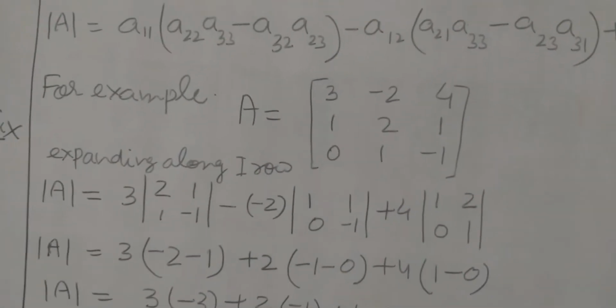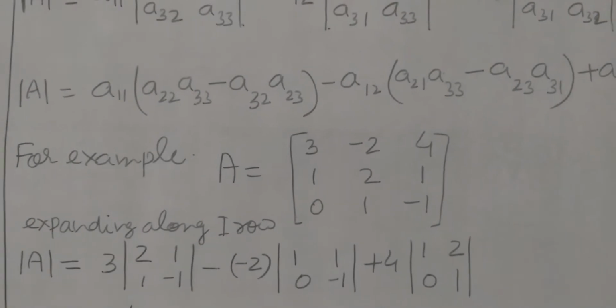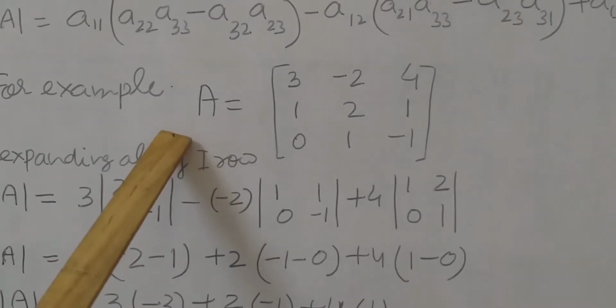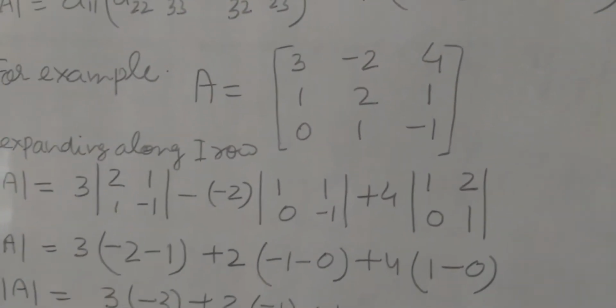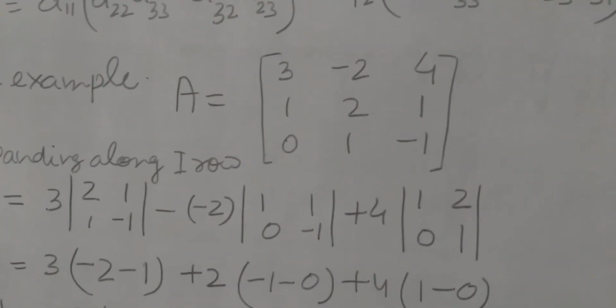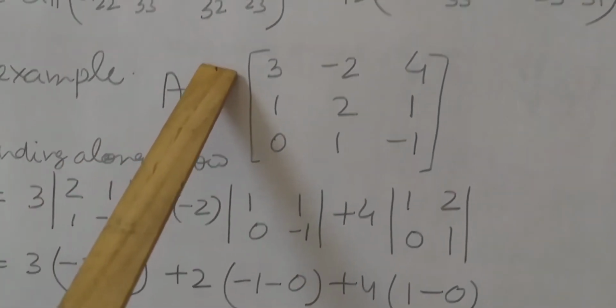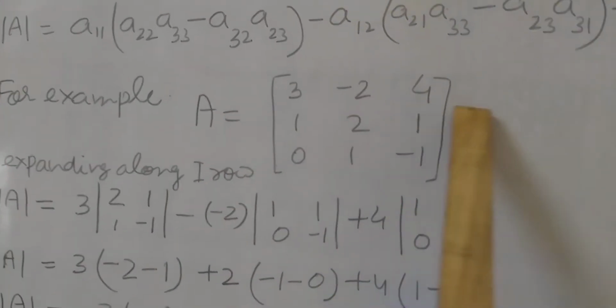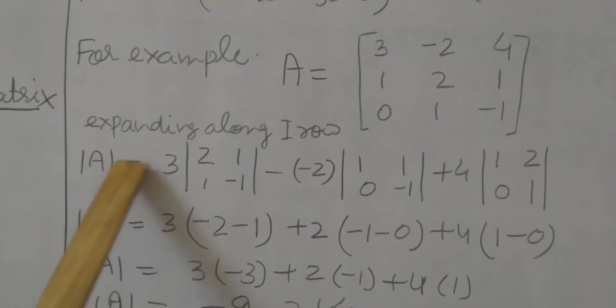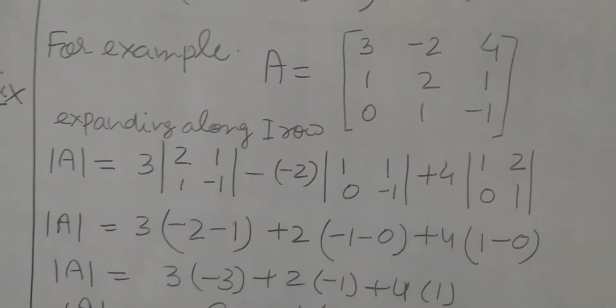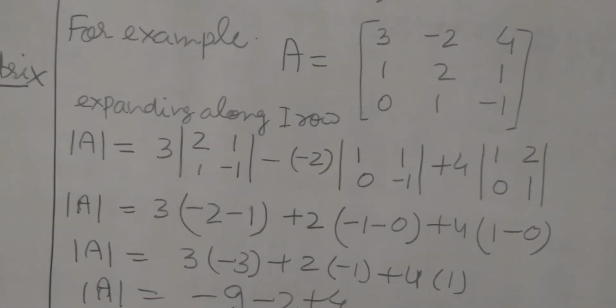So as I told you, there are 6 methods of finding the determinant of a square matrix of order 3. Okay. So I am going to expand it along R1, student. Expanding along R1, yeah, first row. Correct?